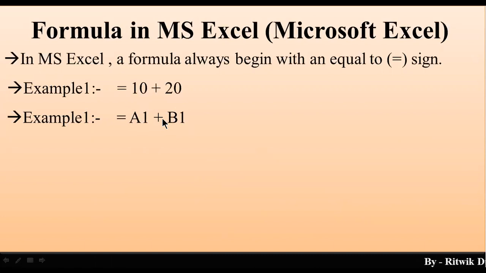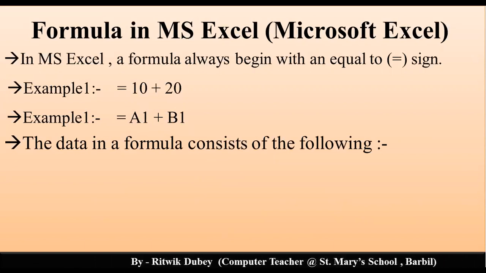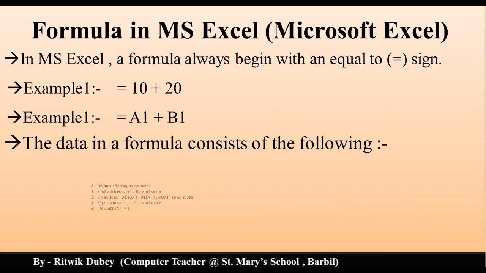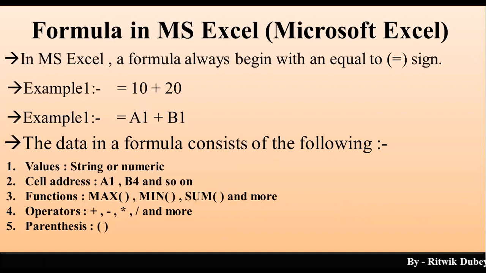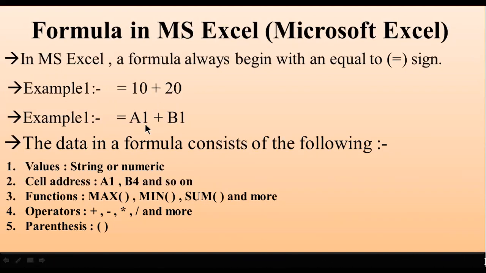So a formula always begins with an equal to sign. Always remember this. The data in a formula consists of the following. In the very first example, 10 plus 20, the data were numeric values, and in the second one, the data were cell addresses. Yes or no?